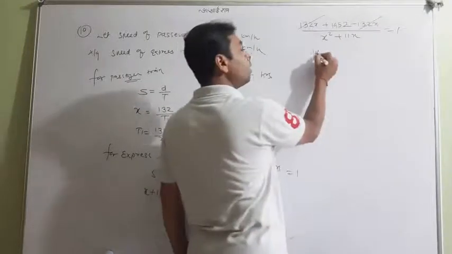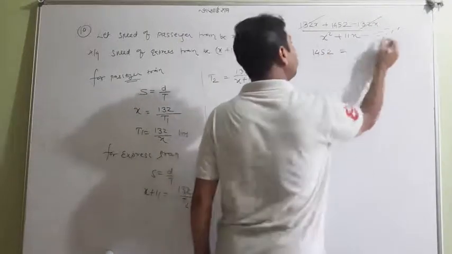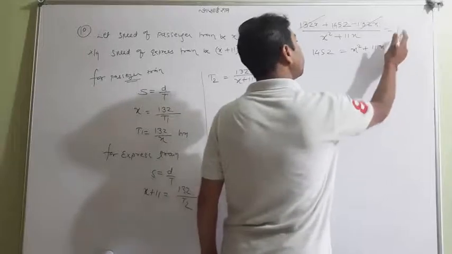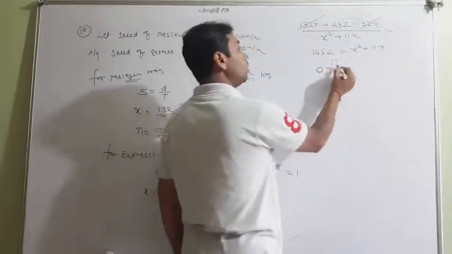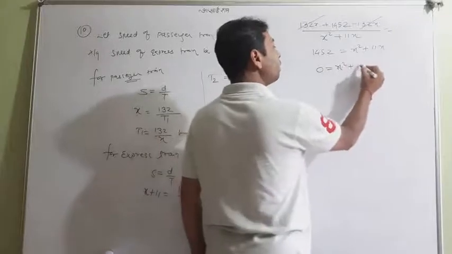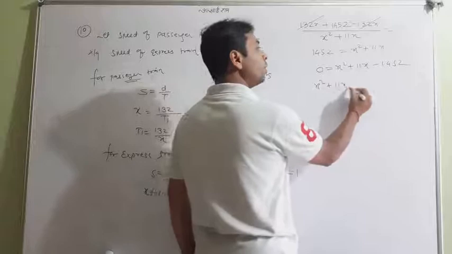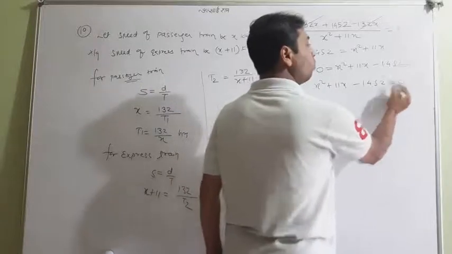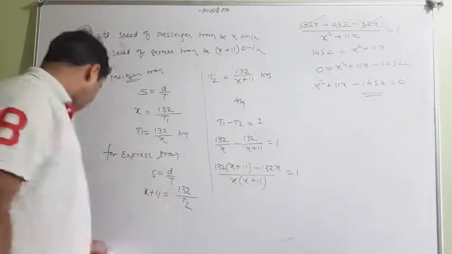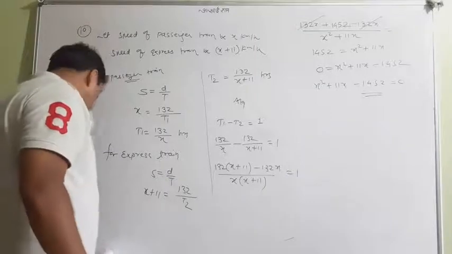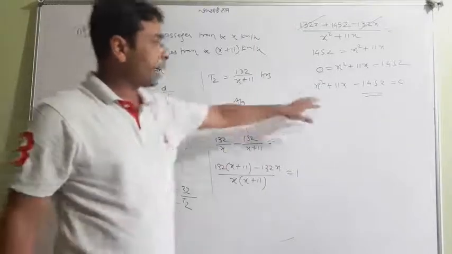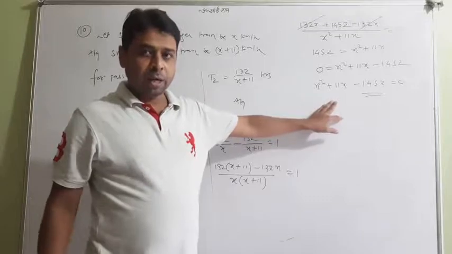These two cancel and I transfer it to the side of 1, and we get this. So again transferring, we have got the so-called quadratic equation, but the rest is your task to do. The question says find the speed of the two trains. So first find your x, which if positive, accept, and if negative, ignore.